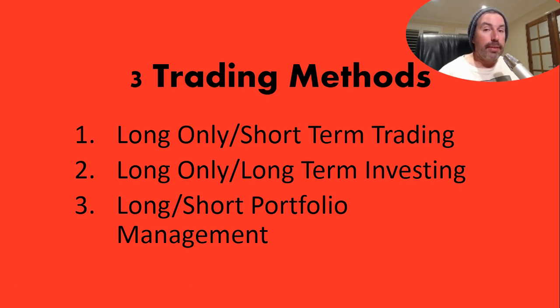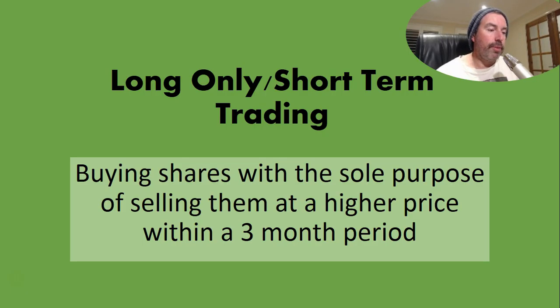Basically, I have my own little hedge fund where I try to mitigate risk and protect myself against any large swings in the market, and try and get a more even sort of gain over time. So they're the three methods that I use. I'll go into each one of them.